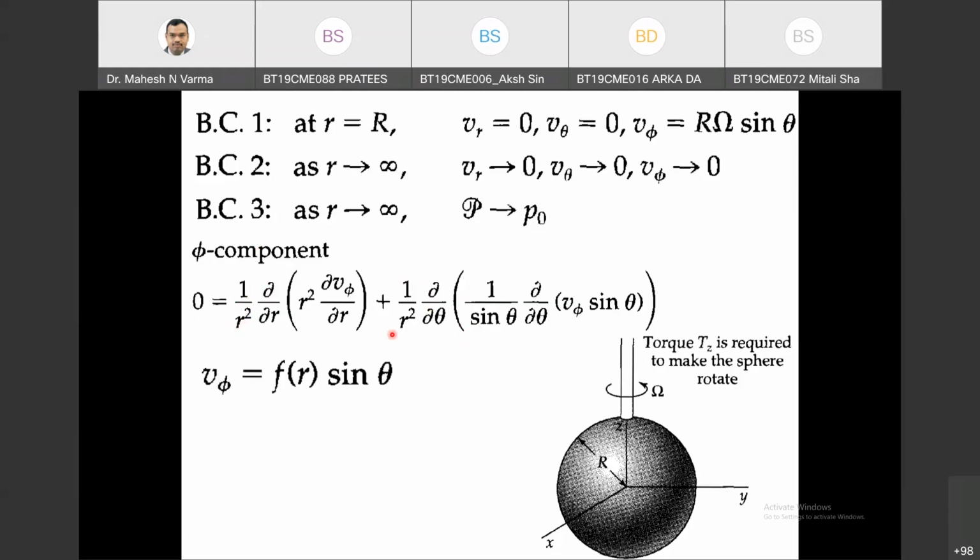After rearranging you should get this equation. Sine theta divided by r square is common, and as this is 0, 0 divided by this will be 0, and you will be getting only this term.